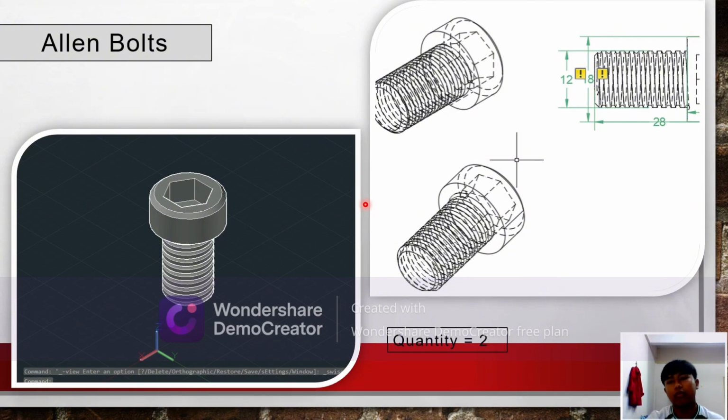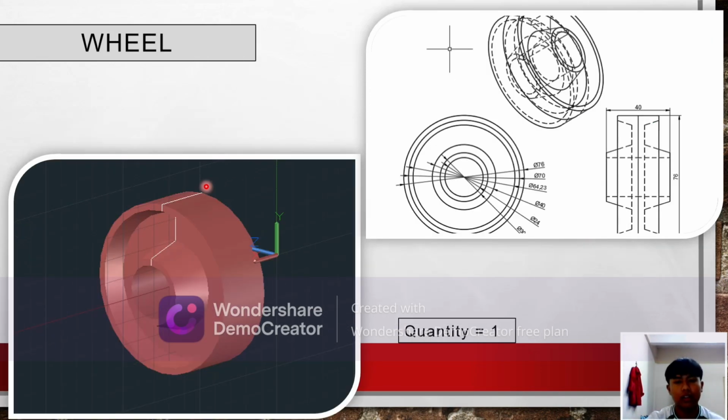Next is Allen bolt. This is Allen bolts. For the next is wheel.